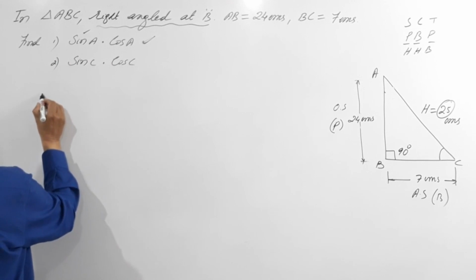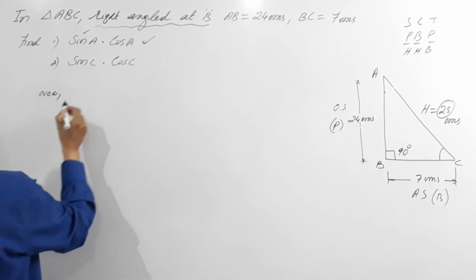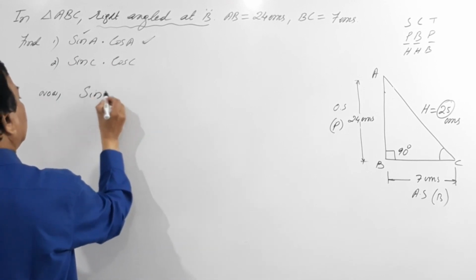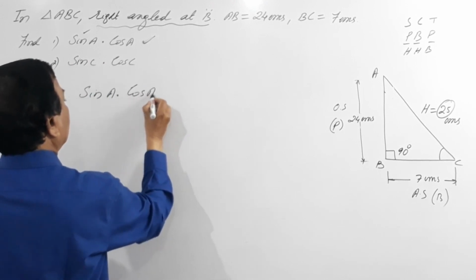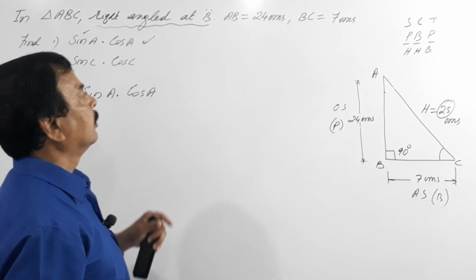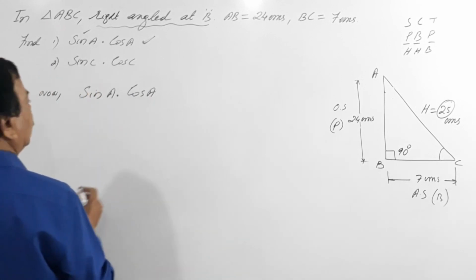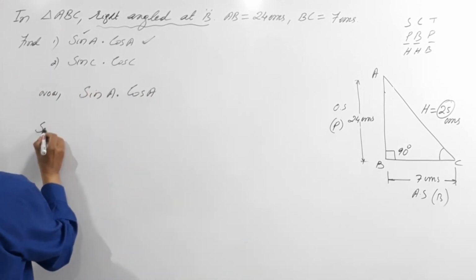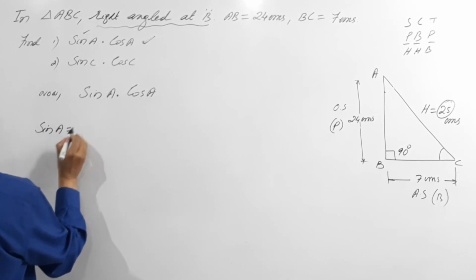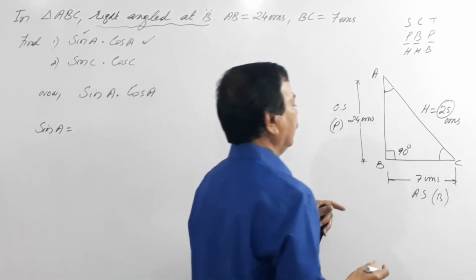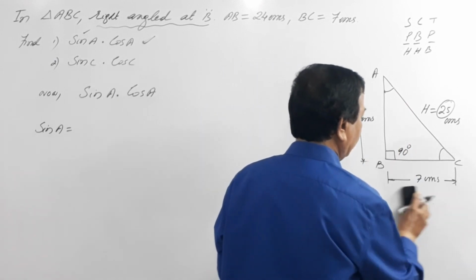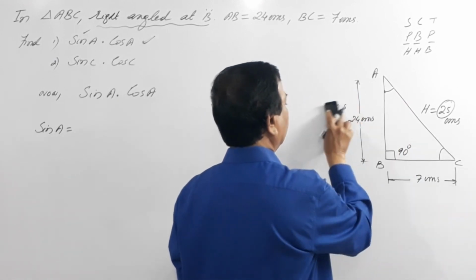Now sin A into cos A. So what is sine? Sine A is, so this is our sine A. और मिटा देंगे इसको, इसको भी मिटा देंगे.